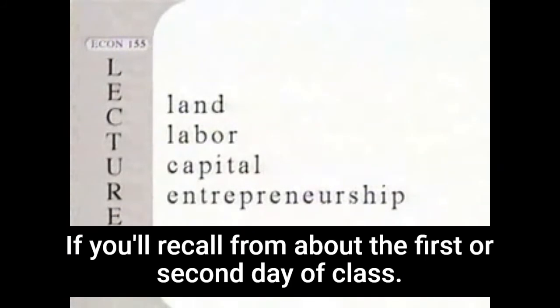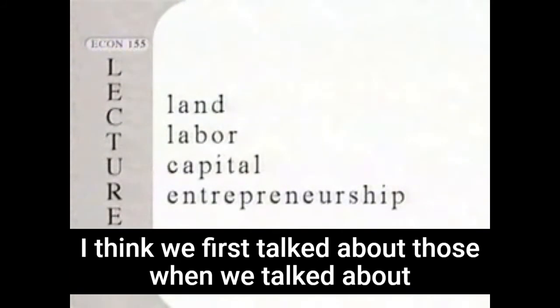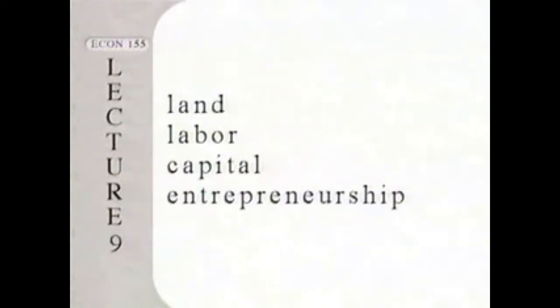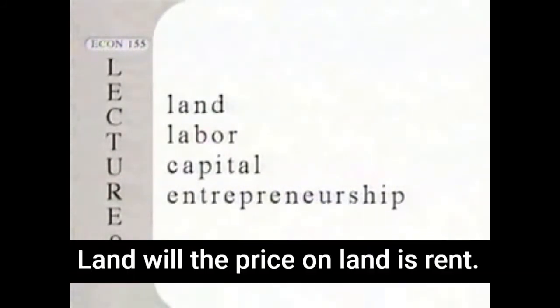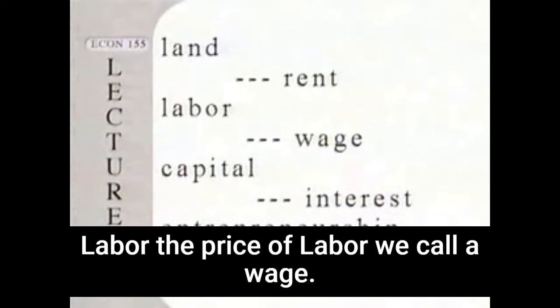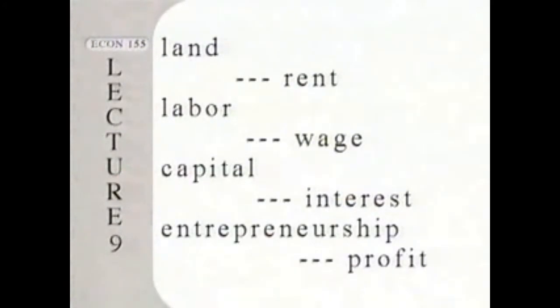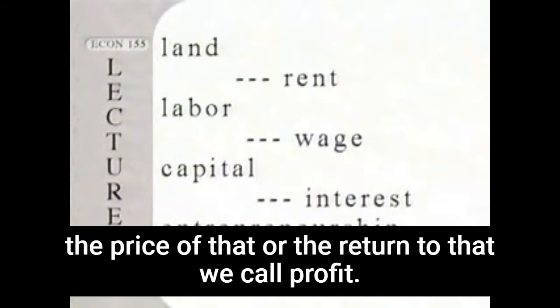Those are the resources, if you recall from about the first or second day of class, we talked about productive resources. I think we first talked about those when we talked about the production possibilities frontier. Each one of these resources has a price. Land, well, the price on land is rent. Labor, the price of labor we call a wage. Capital, the price of that we call interest. And entrepreneurship, the price of that or the return to that we call profit.